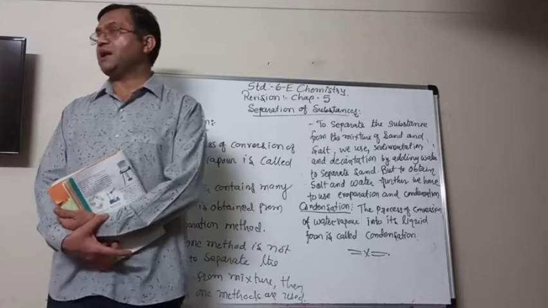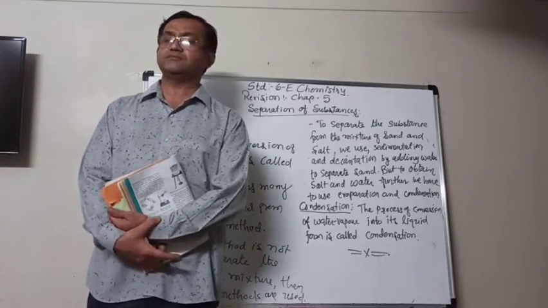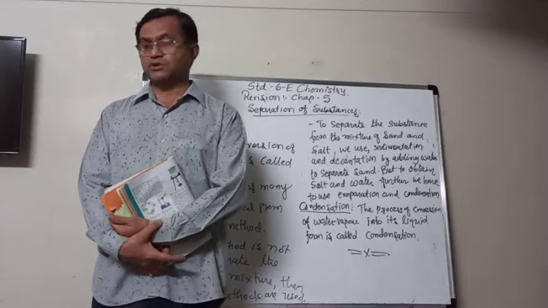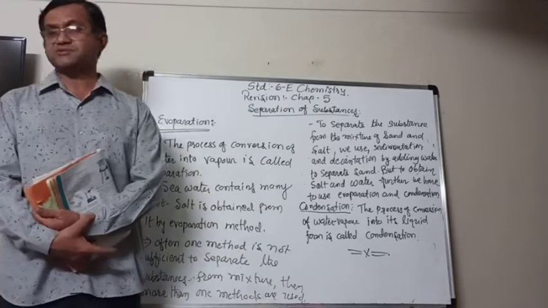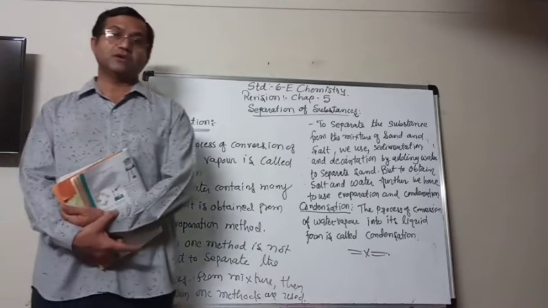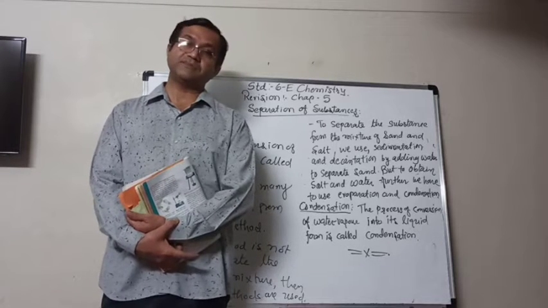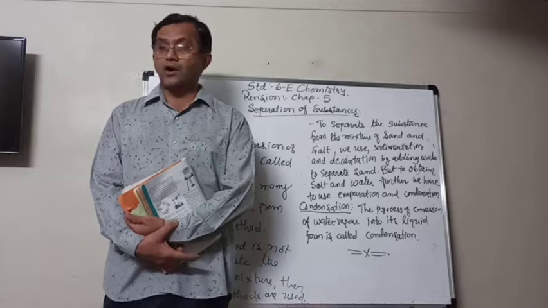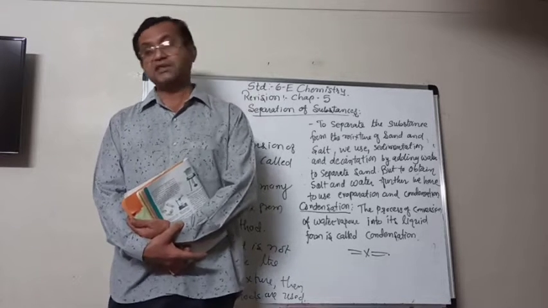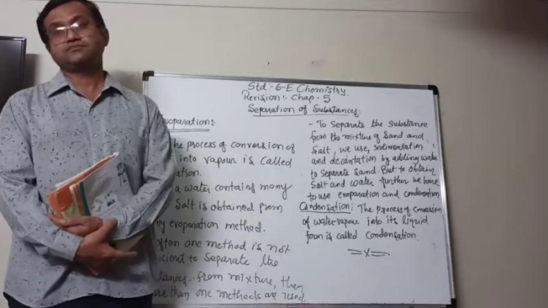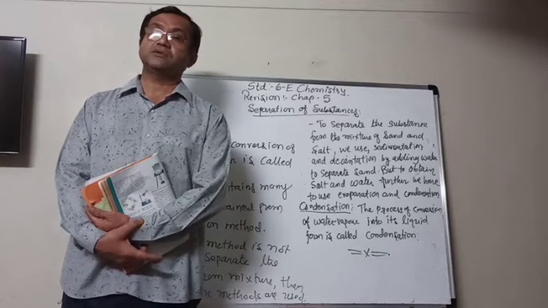Now, sometimes we need to separate them, as we already talked. Sometimes to remove the unwanted substances, sometimes to remove the harmful substances, sometimes to separate all the substances which are useful one way or the other, and sometimes to get the pure substance.